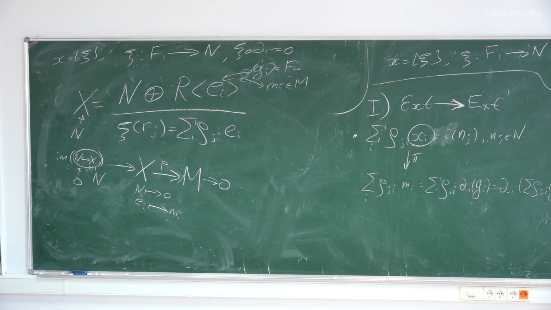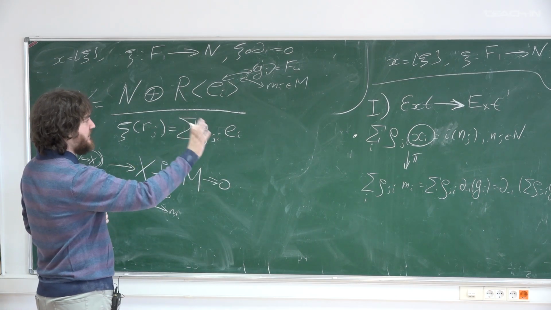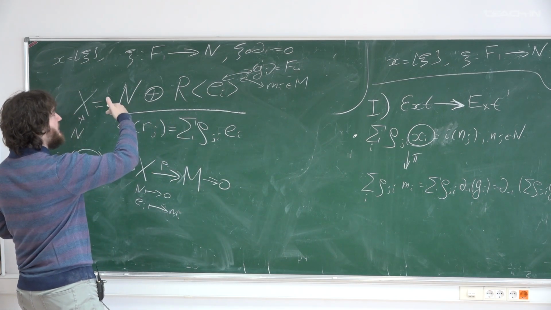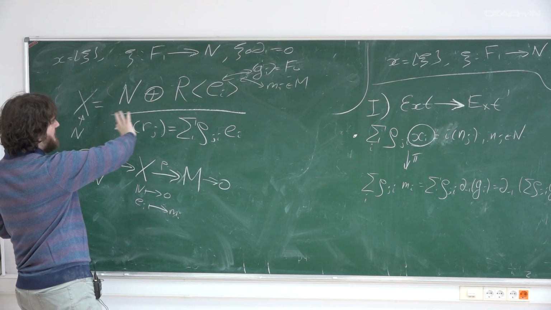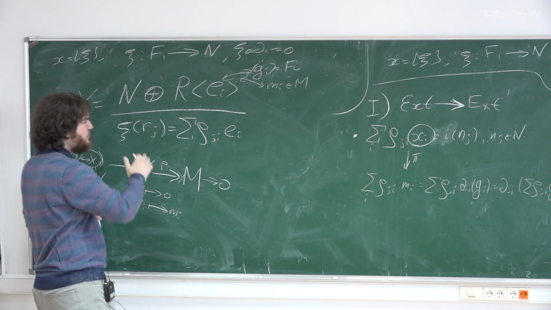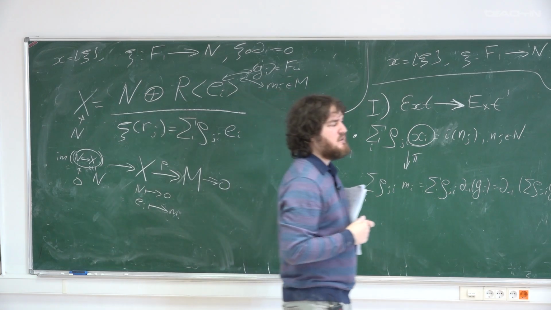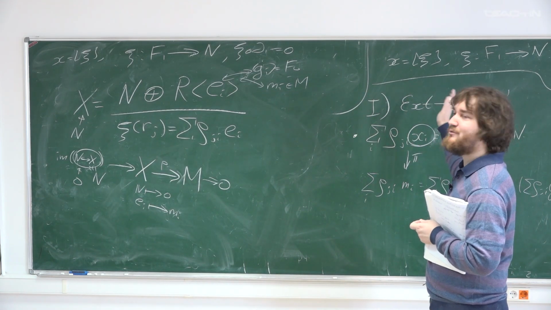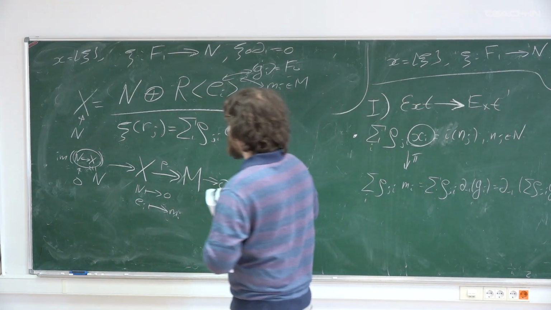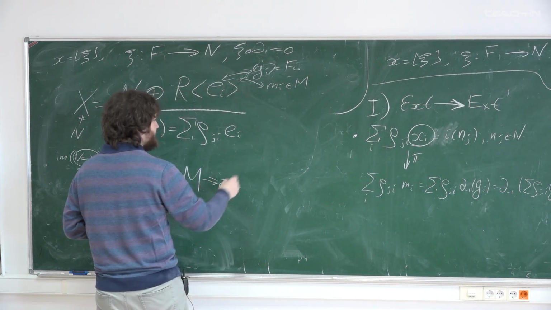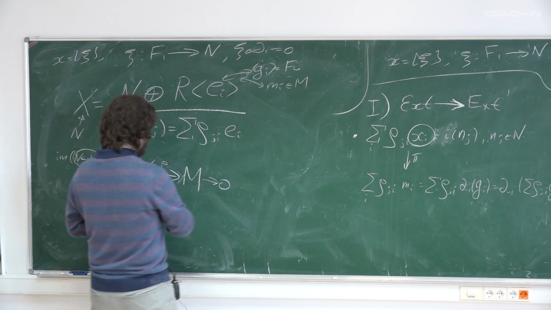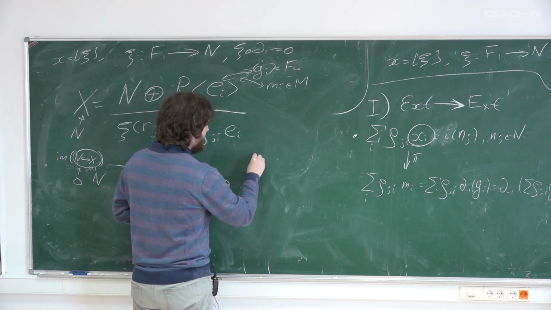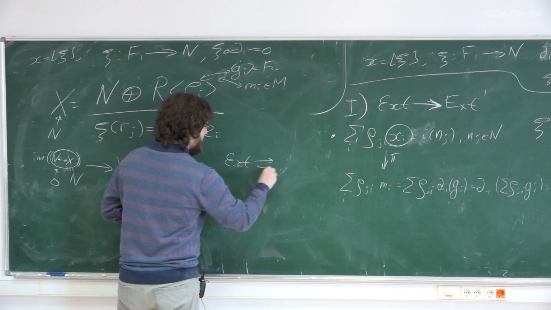In the opposite direction, if you have some extension and consider some xi and construct this extension from xi, it's not very hard to check that this extension is isomorphic to the original extension. So it's an opposite bijection. You can check this extension indeed. So it's Ext 1.